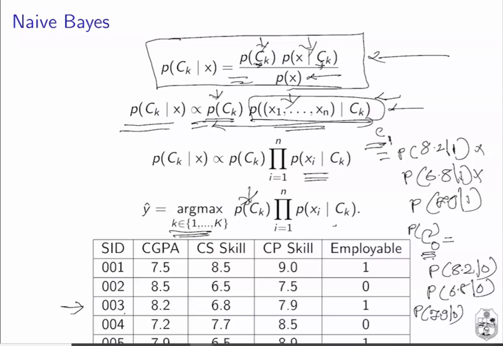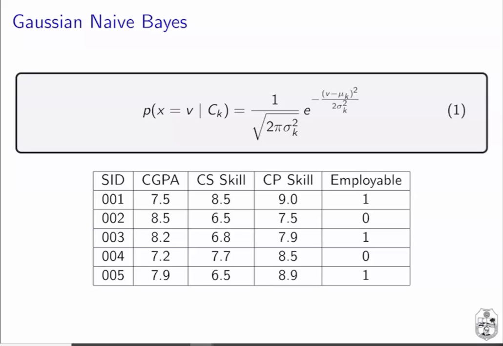Now, when you have decided to use the Bayes theorem to calculate the conditional probability, one of the challenges is to evaluate the likelihood probability.